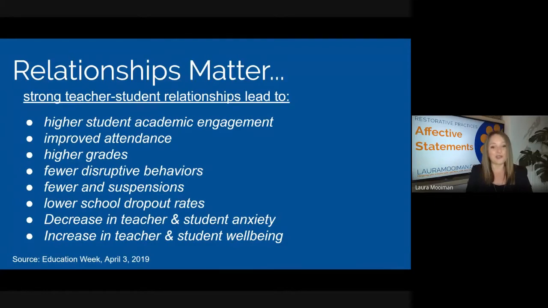And so if you have great relationships with students, you're going to see higher academic achievement, their attendance and grades. It gets better. In fact, people that do community building circles have very, very few problem behaviors. And when they do, they tend to talk about it as a class in a circle. Of course, dropout would reduce, and then you'd have a reduction in anxiety for both teachers and students. So that's the exciting stuff.